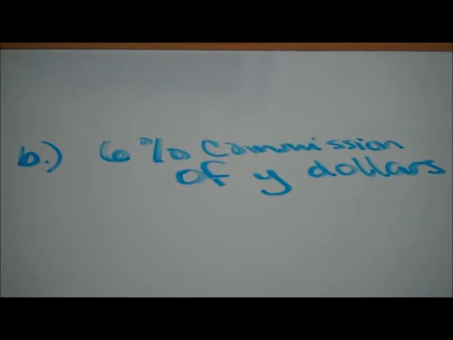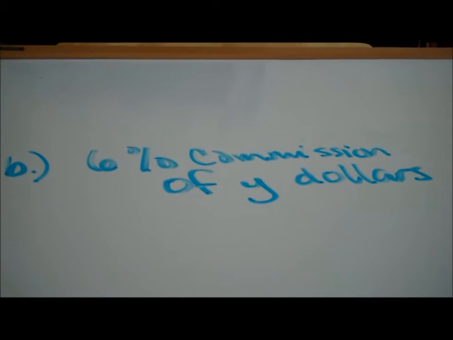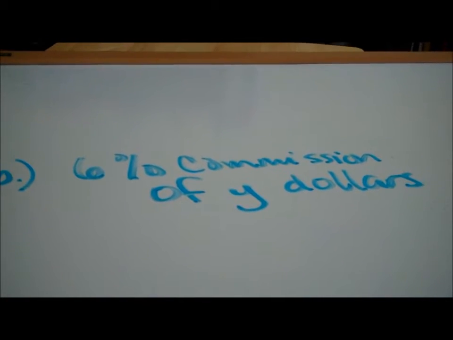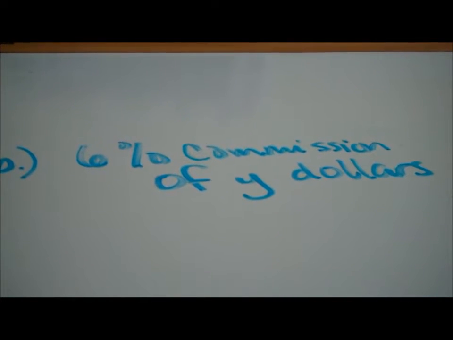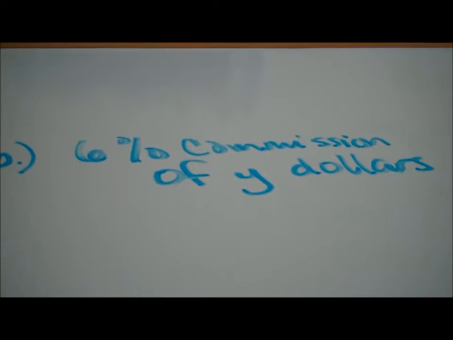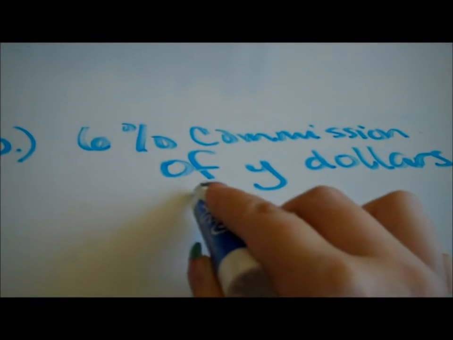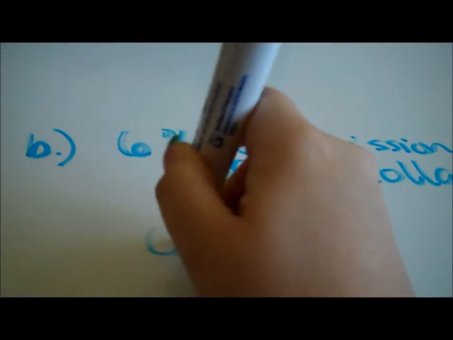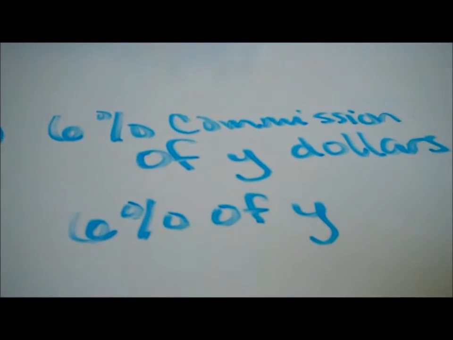Number 2B wants us to express 6% commission of Y dollars. Commission is something where somebody gets a percentage of sales, and that's how they get paid. So this person's going to receive 6% commission for every dollar sold. As I said, we have this word here, of. Of means to multiply. So we're going to have 6% of Y dollars.